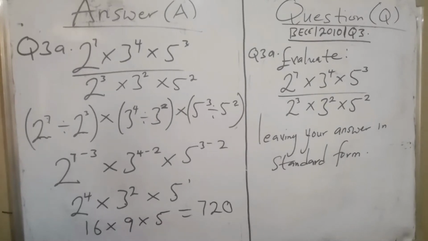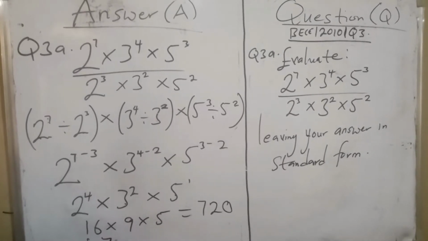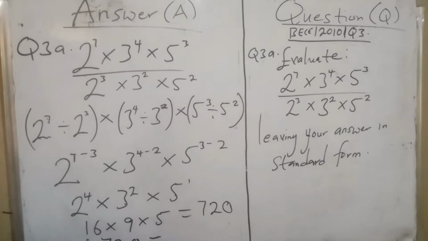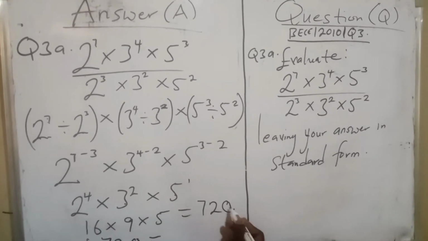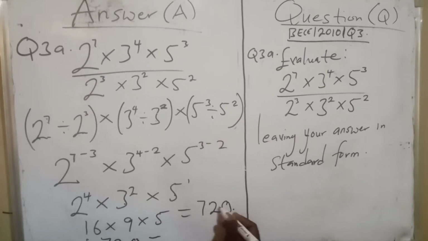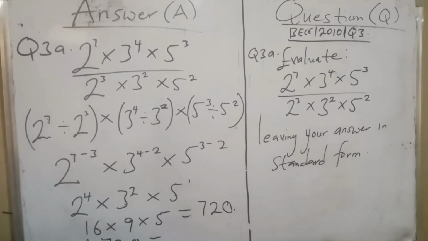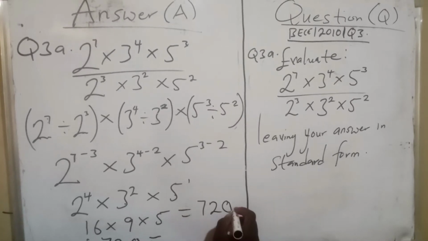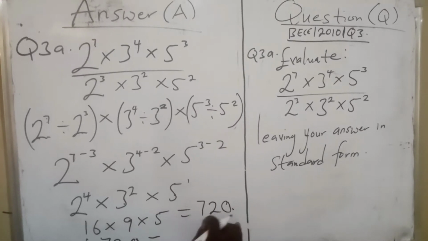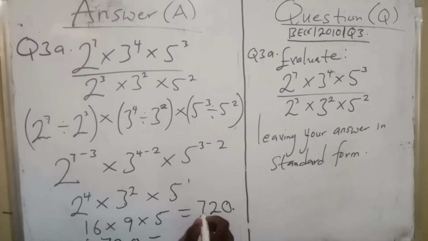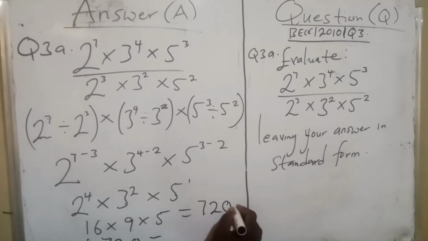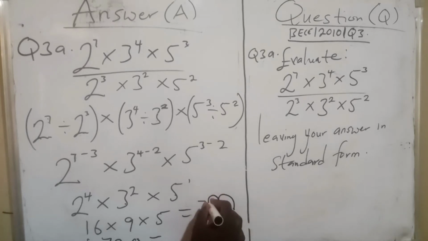So this implies 720 in standard form. Since there is no decimal in the number, 720 is the same thing as 720.0. So you put the decimal point in between the first 2 significant figures, which is 7 and 2. So you count 1, 2.